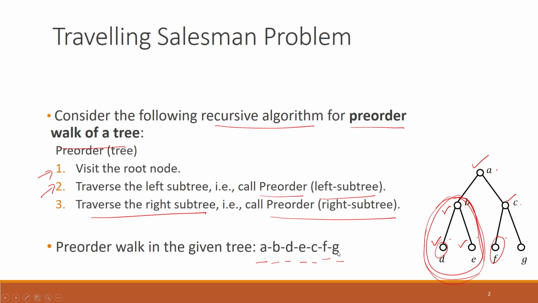So, this is a pre-order walk of this tree. In order to implement this algorithm, we need a tree as input, and the output that comes out is the pre-order walk.